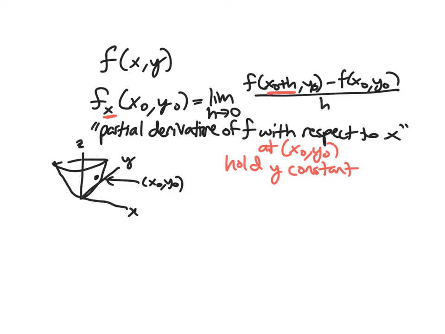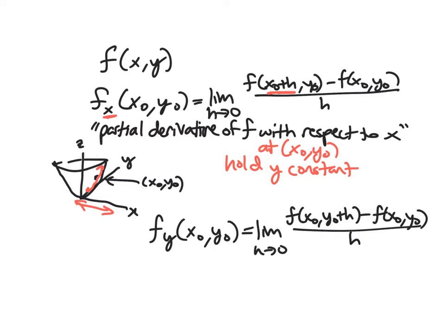My y coordinate is fixed. And so, if you look at this picture, we're either moving left or right on the x-axis, and that would be like traveling down or up on this bowl shape from our point, because we're only moving in the x direction. And as you might suspect, the definition for y is very similar.